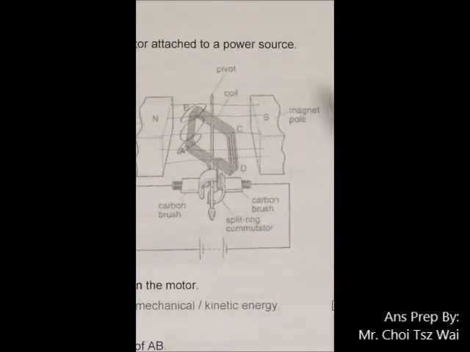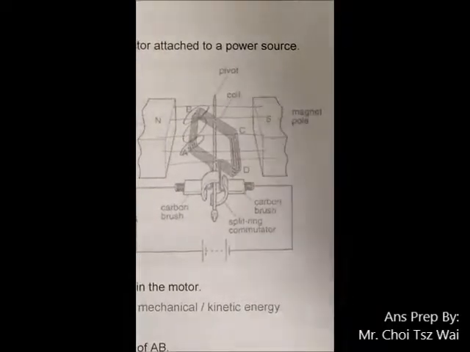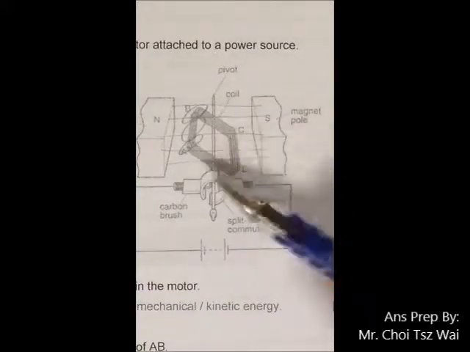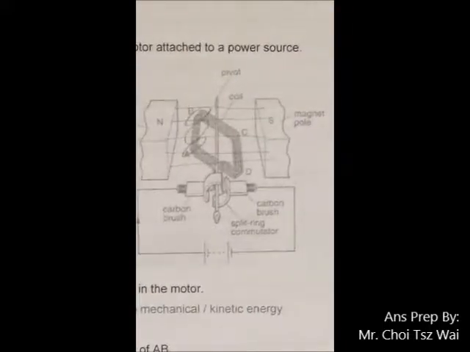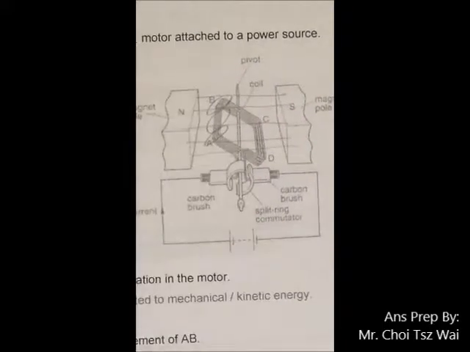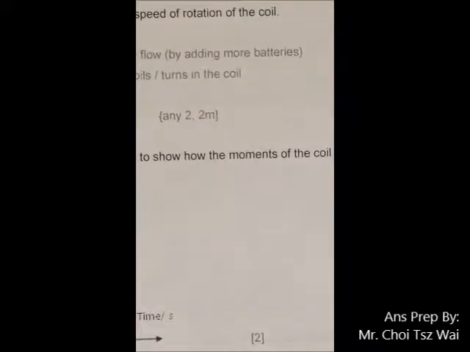So the AB side will suddenly have a change of current direction, and because of that, your coil can continue spinning in one direction. Okay, the book has a very detailed explanation on that, so please refer to it. Okay, other than that, you can read the marking scheme stated here. Ways to increase the speed of rotation is quite clear cut also.